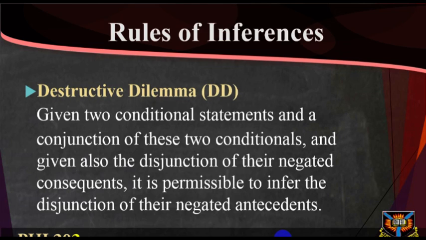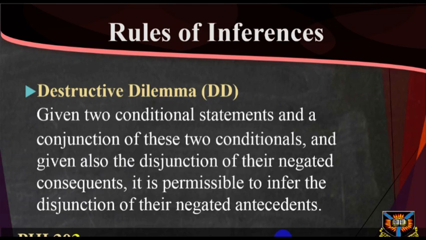(A and B) then (A then (D and E)). 2. (A and B) and C, therefore D or E.